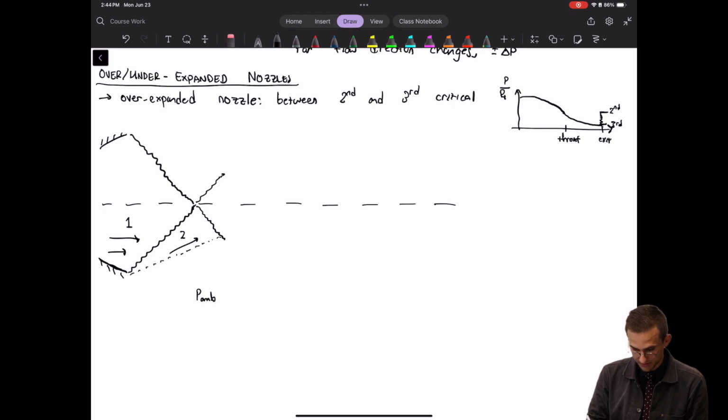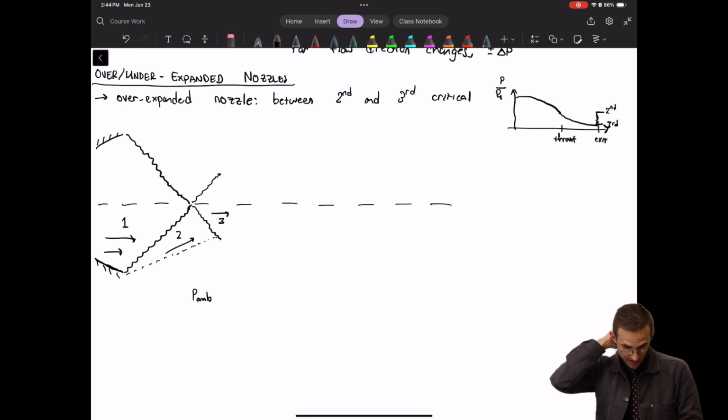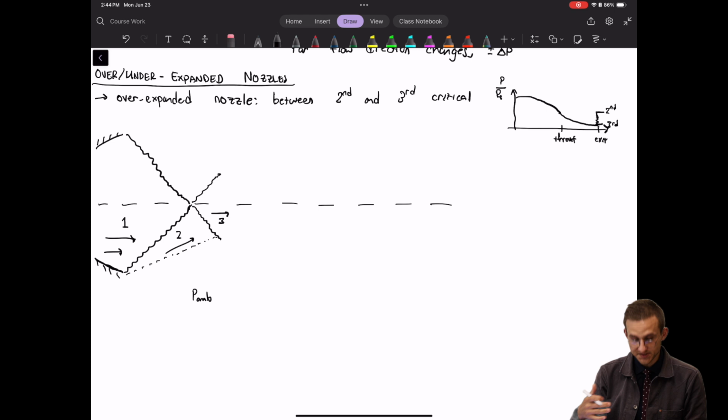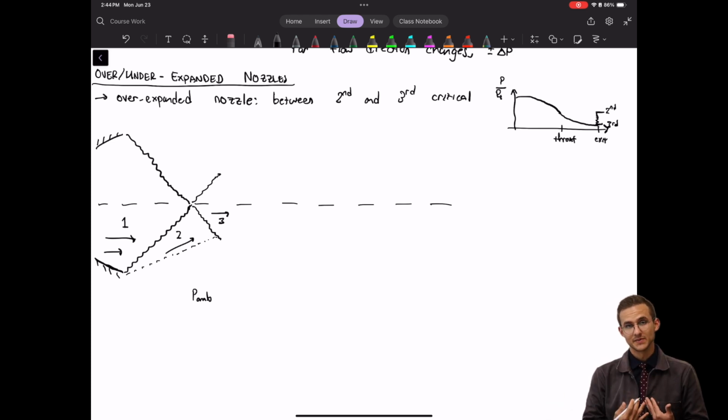Okay, and now in region 3, the flow is parallel to the center line, but now in region 3, the pressure is too high. Okay, so it needs to drop through some sort of mechanism to be the same as the ambient pressure again.